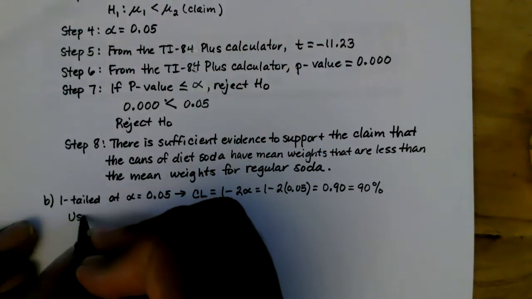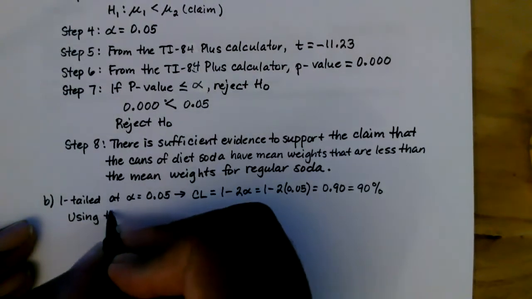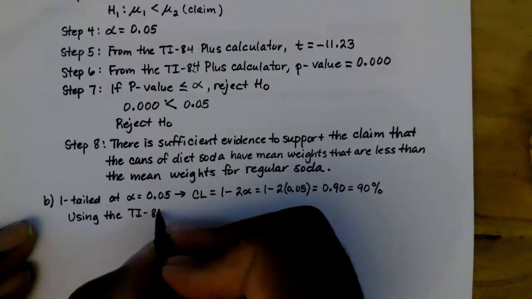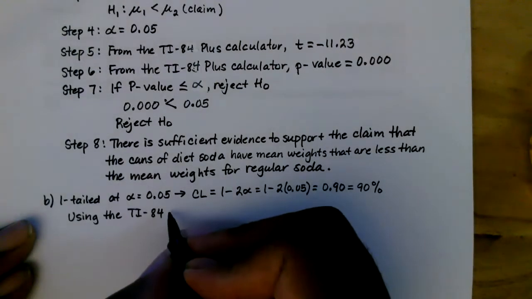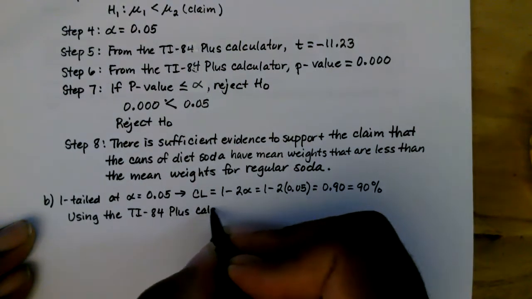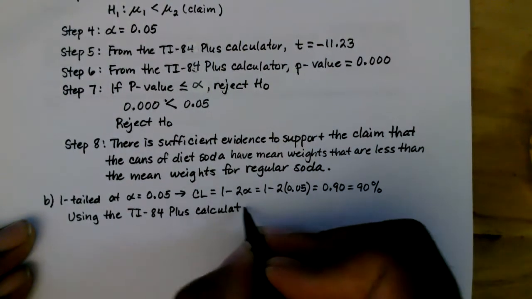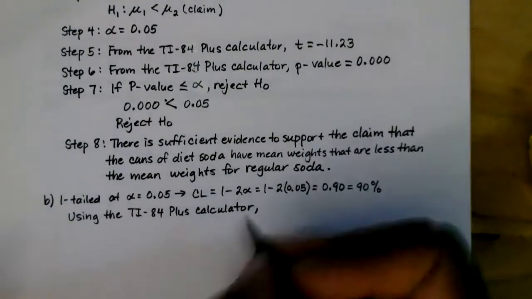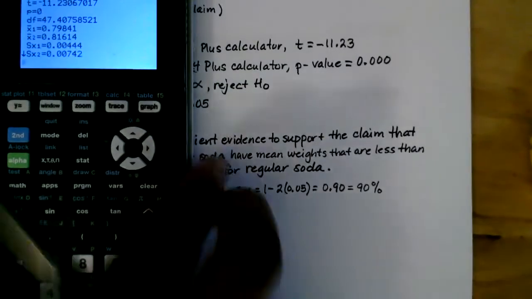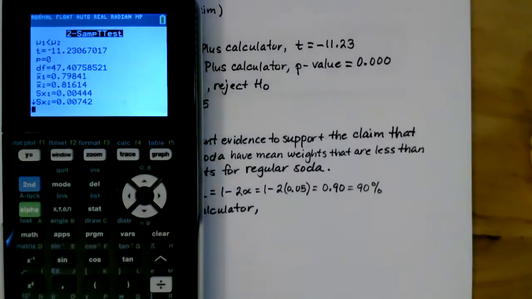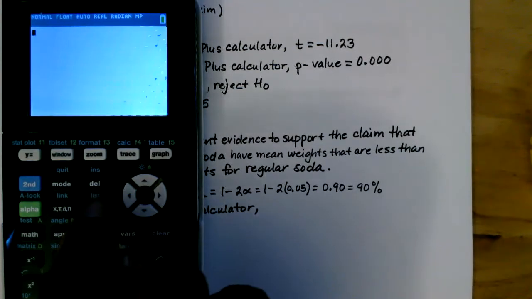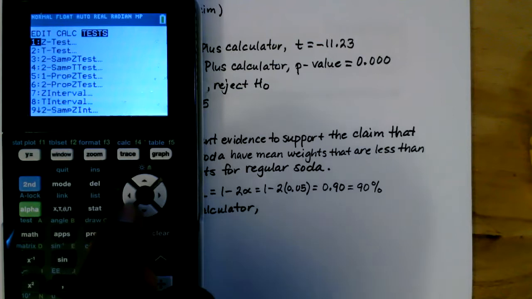So now I'm going to use the graphing calculator on this one as well to get my confidence interval. So using a TI 84 plus calculator, let's clear this and then press the stat key, go over to test.